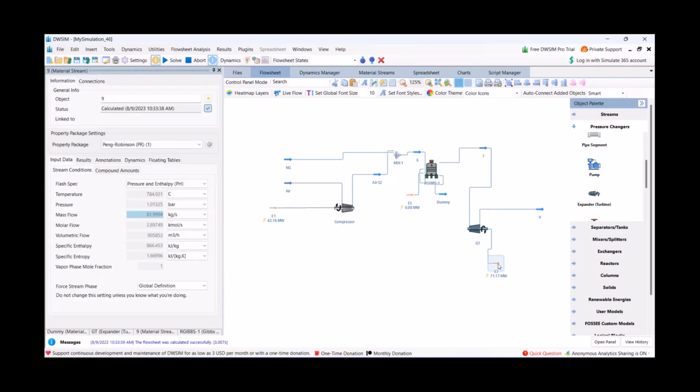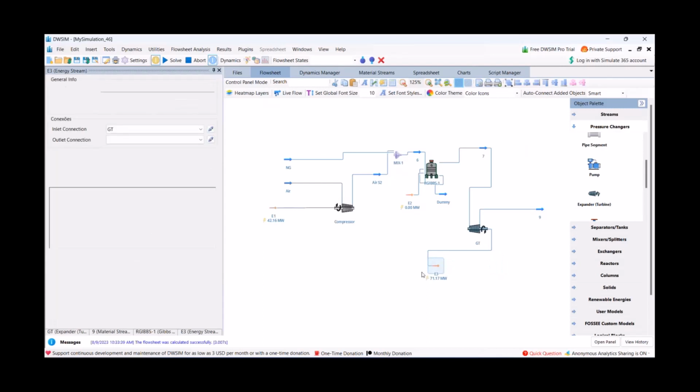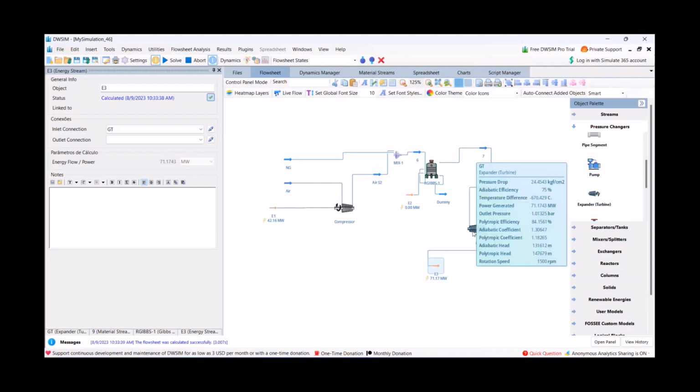Energy flow rate of 71 megawatt from the gas turbine, but this is not our electricity output because we need to provide the same electricity to the compressor. So 71 minus 42, approximately 28, 29 megawatt will be our power output.